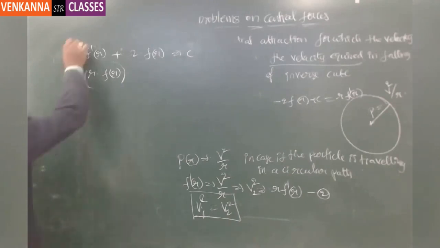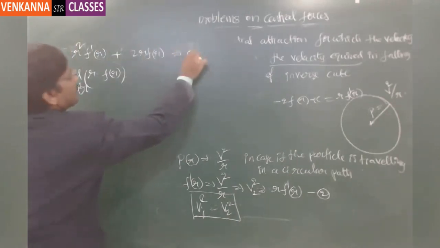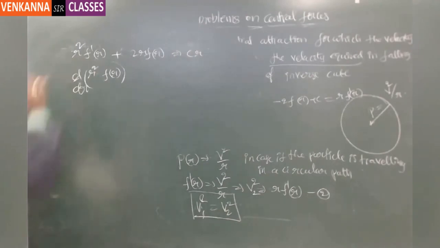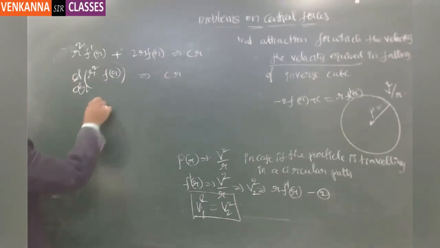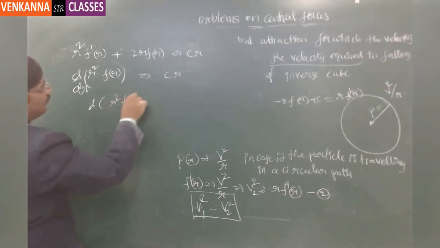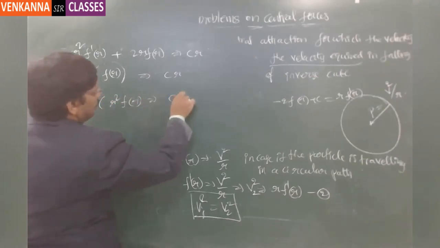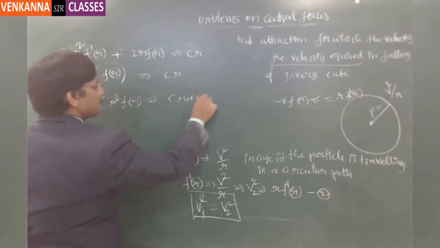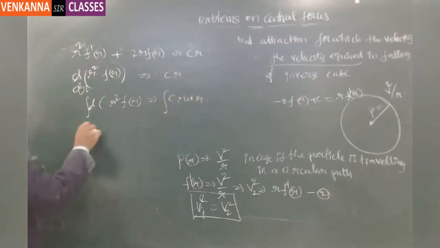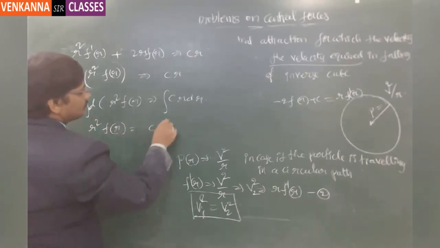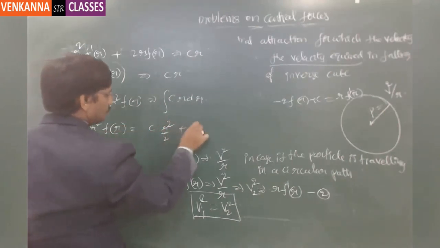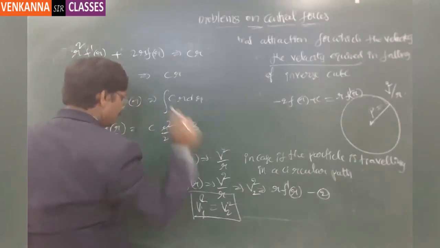If you multiply on either side by r, the left side is d by dr of r square times f of r, and the right side is cr. So d of r square f of r is equal to cr dr. Now if you integrate on either side, r square f of r is equal to c times r square by 2 plus an arbitrary constant b.